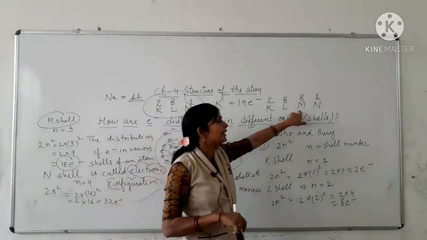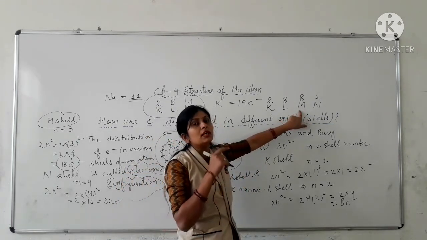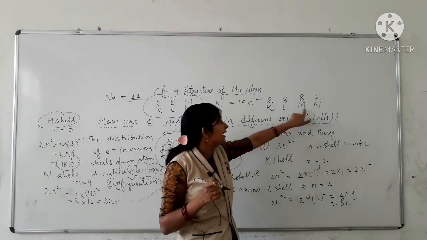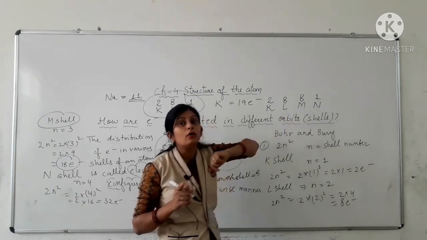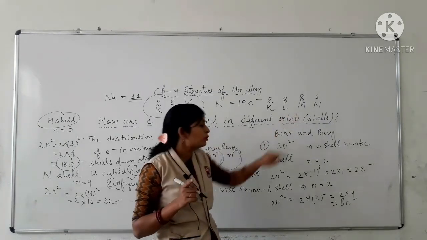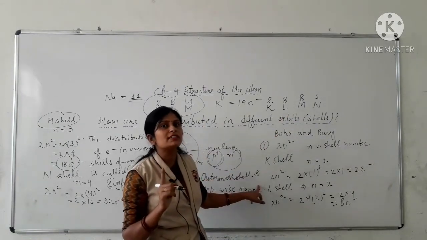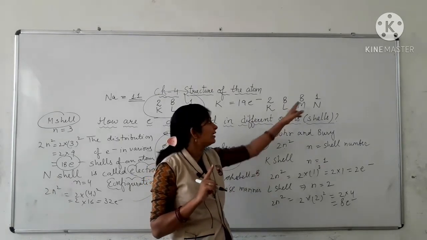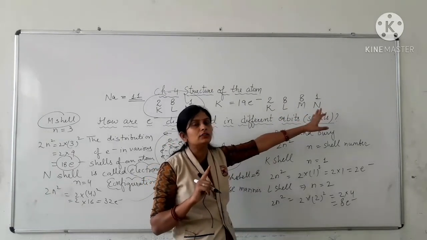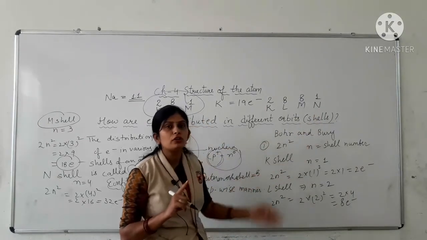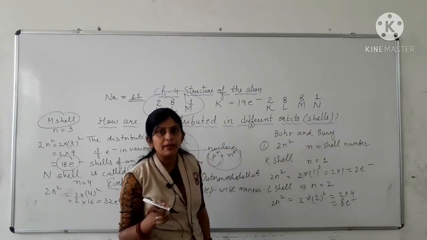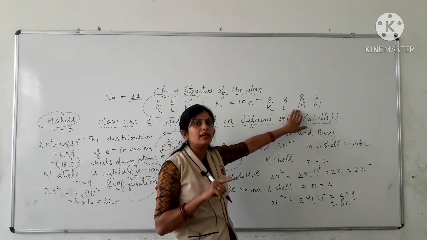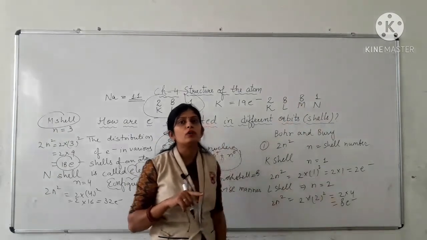So out of 9, only 8 can be accommodated here, because now it is becoming the outermost shell. If we write 9 here, then it is a violation of this rule. This is not allowed. So only 8 electrons can be accommodated in it, and the remaining 1 electron will go in N shell.